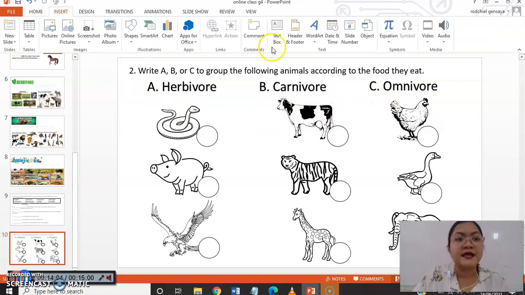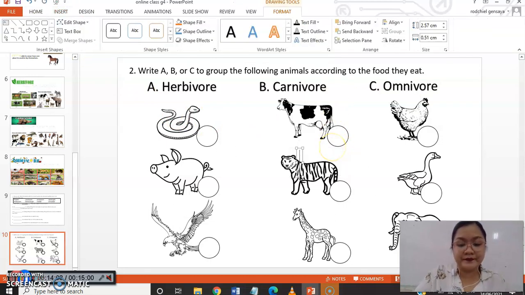Is it A, B, or C? 5, 4, 3, 2, 1. What is your answer? Okay, very good. Snake is a carnivore. You're just going to write the letter of the correct answer in the circle. Okay, did you understand?